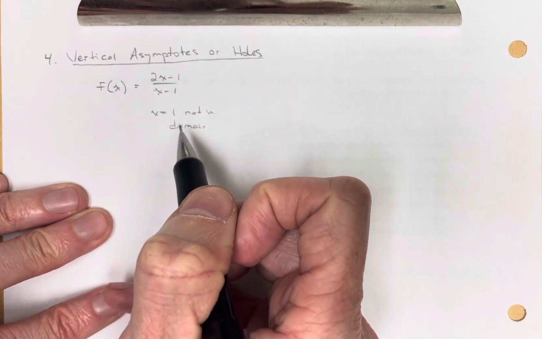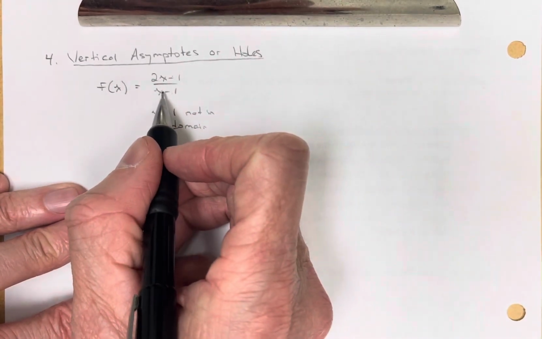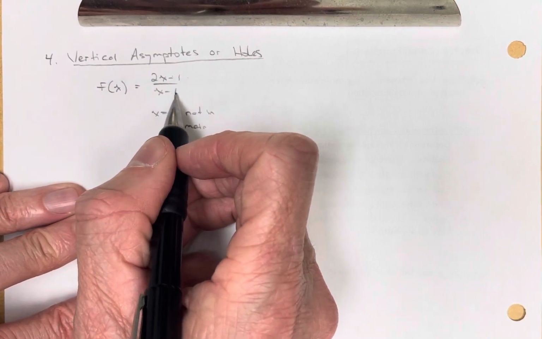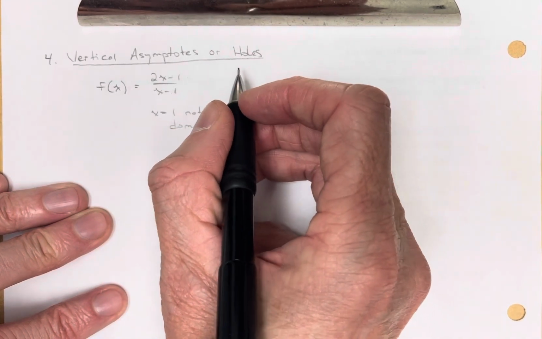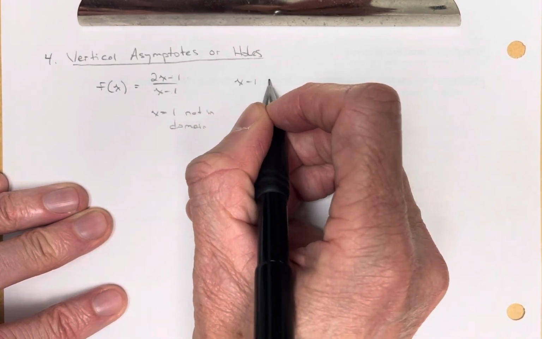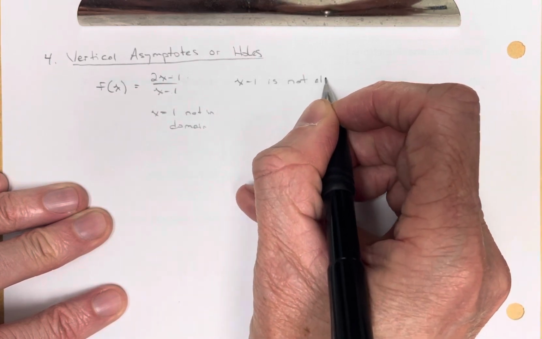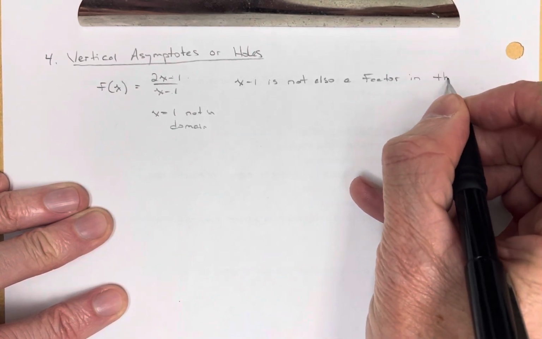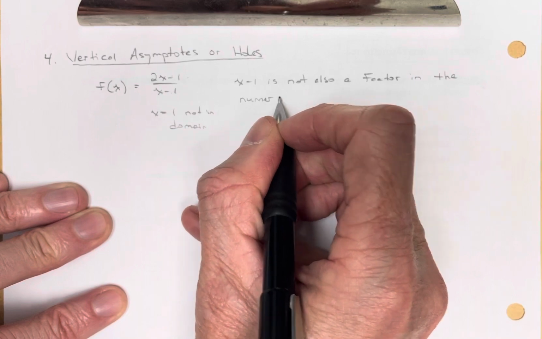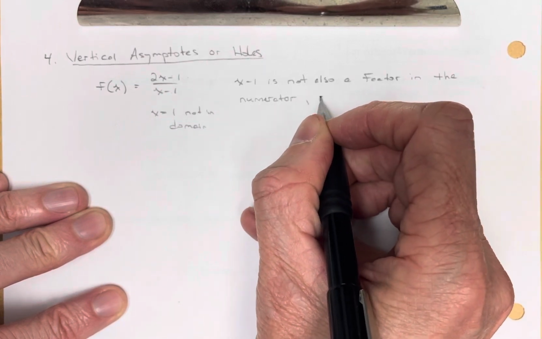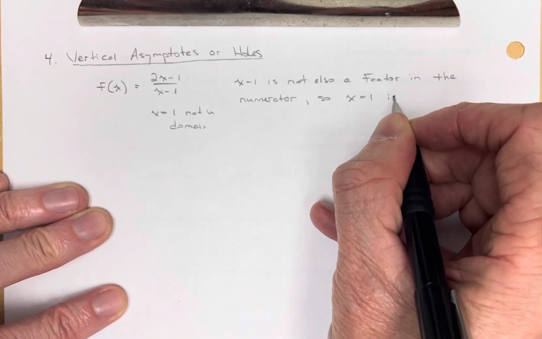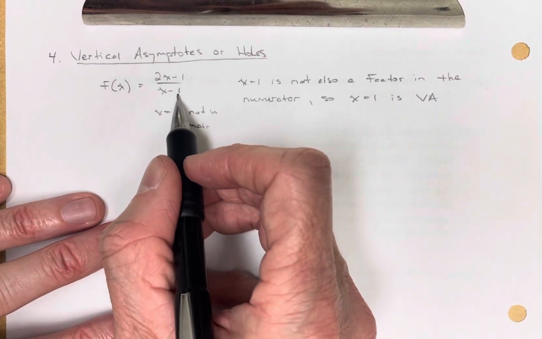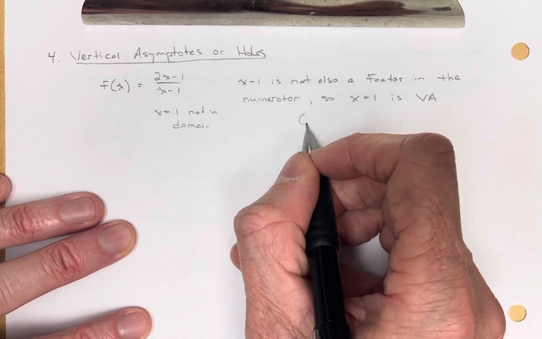Both of these are as factored as possible, and since x minus 1 is not also a factor in the numerator, x equals 1 is a vertical asymptote. We have no holes. We only have the one discontinuity.